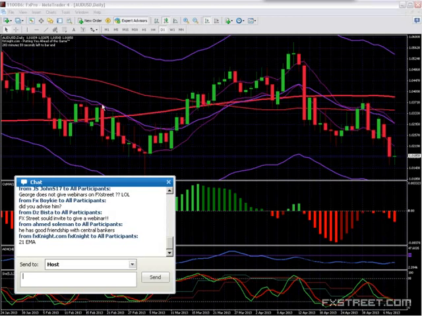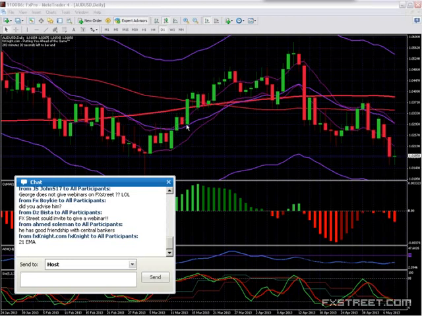Very simply, if you're under the 21 and it's aiming down, you're in a downtrend. If you break above the 21 and then retest it as support, and the 21 itself starts aiming up, you're in an uptrend. This is why I said retest, okay, because a break by itself is not enough.